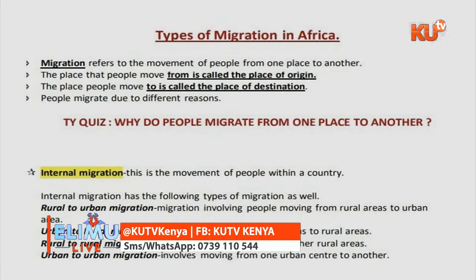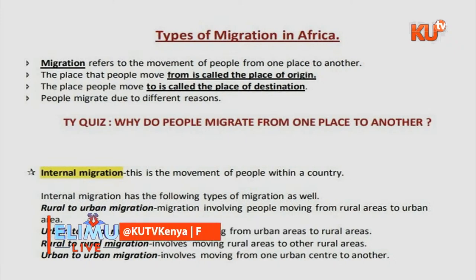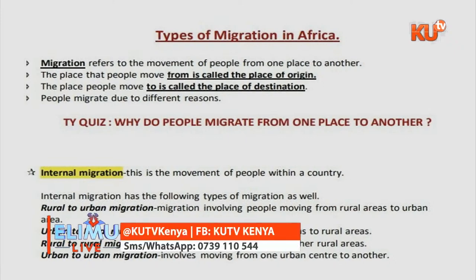Now, under migration, there are two types of migration. We have internal migration and external migration. Now, what is internal migration? This is the movement of people within the country.